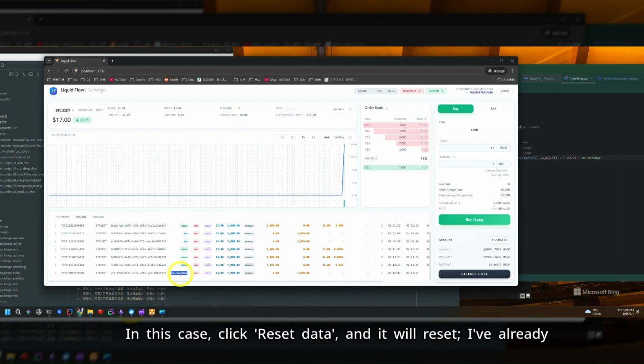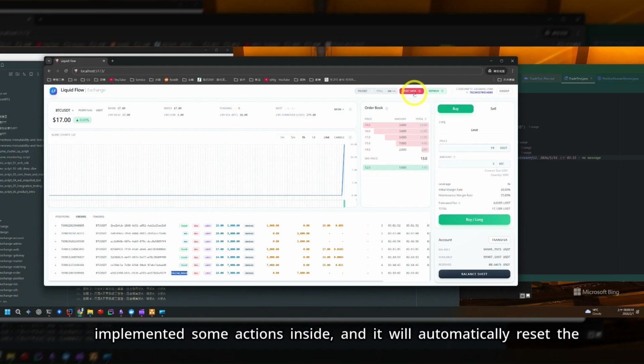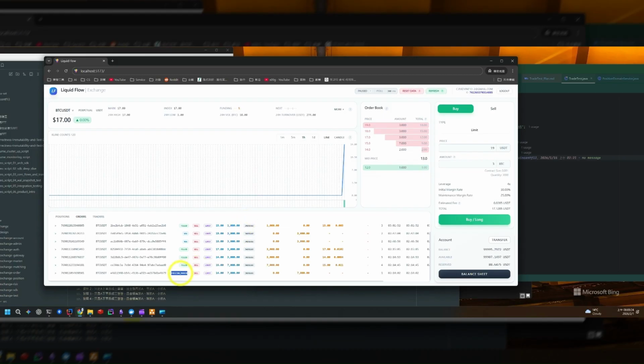In this case, click Reset Data and it will reset. I've already implemented some actions inside and it will automatically reset the Kafka connector for you, the process of subscribing to the bin log.